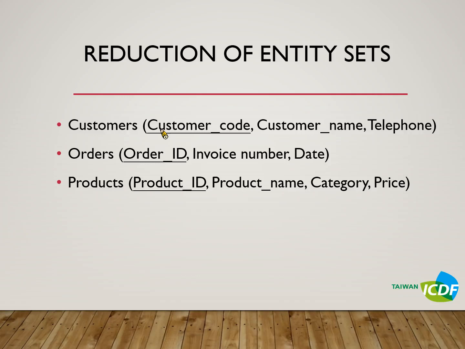After reductions, we can obtain three tables. They are customers, orders, and products. Each table has its relevant attributes and the primary key. So far, we have completed the basic conversion for entity sets.